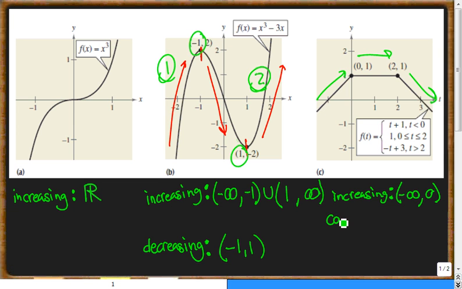It's constant from 0 to 2. And then we are decreasing past 2, so we go 2 to infinity.